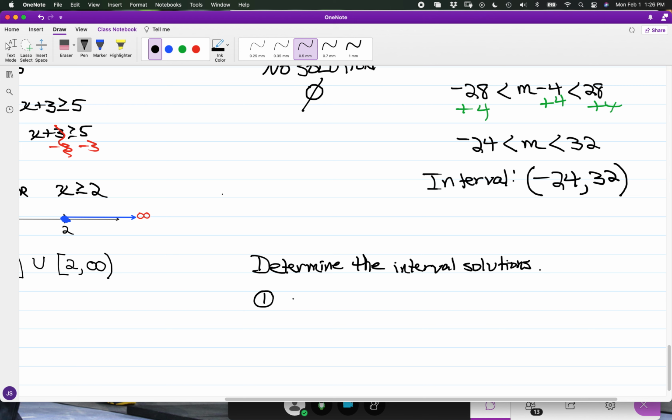Let's see what we get for the intervals, whereupon we have the absolute value of negative 2x is greater than or equal to 8. Also in the second, the absolute value of negative 2x is going to be less than 8. So you've got the same terms, but different types of inequalities. First one greater than or equal to, the next one less than. So let's see what we get for the intervals in these.